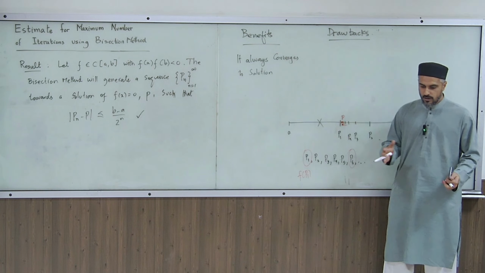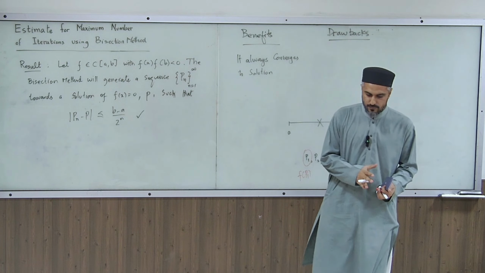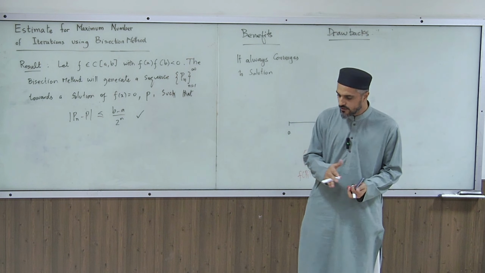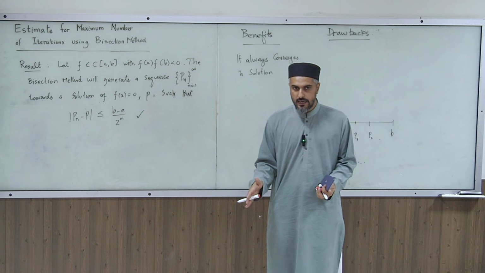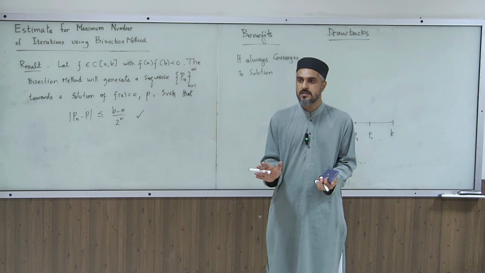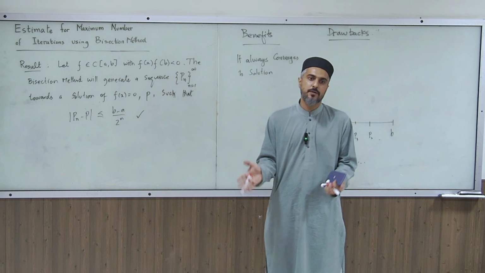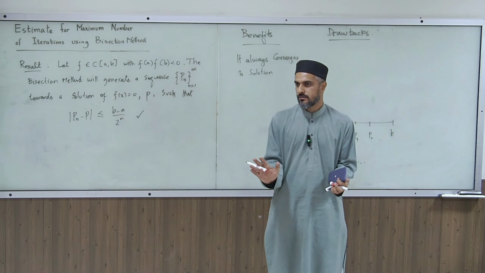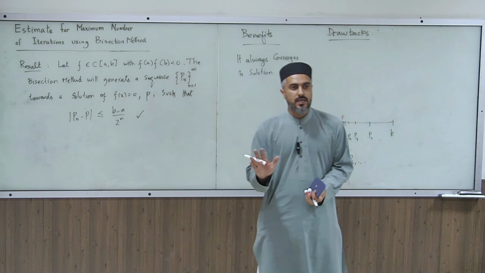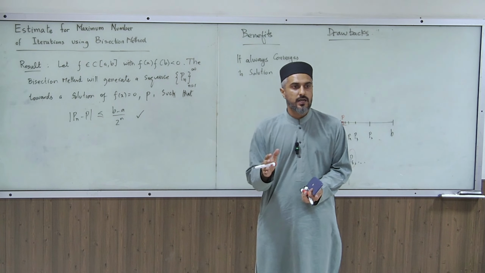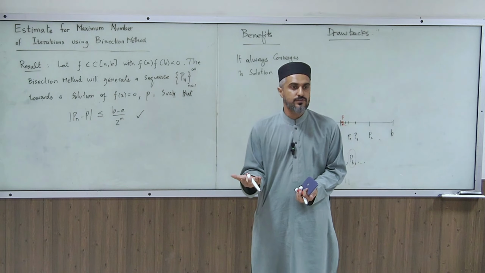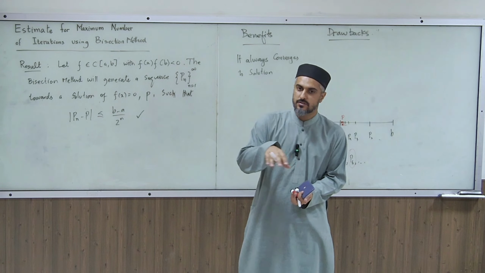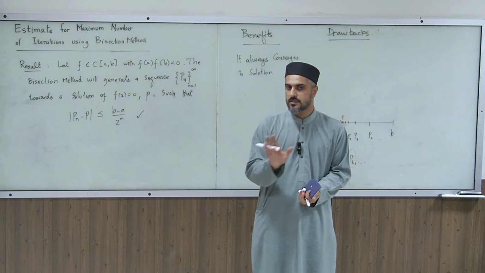So that's how the bisection method goes near a solution, but it does not care that it is near a solution. It just takes a midpoint of the subinterval we are in. It does not take into account that I am near a solution, so I should look in this vicinity. It does not do that.